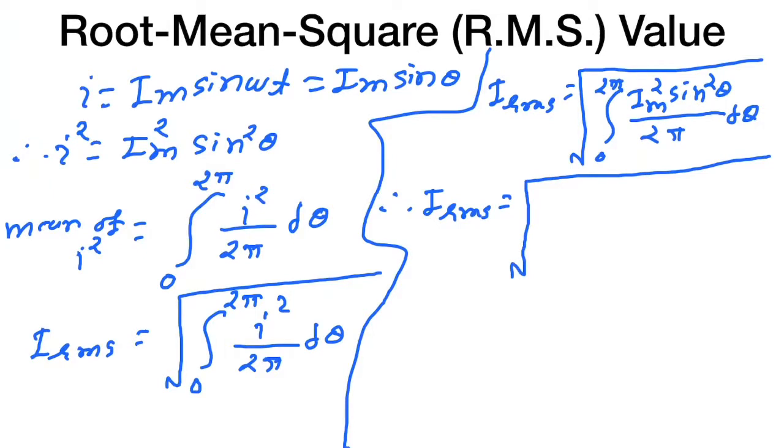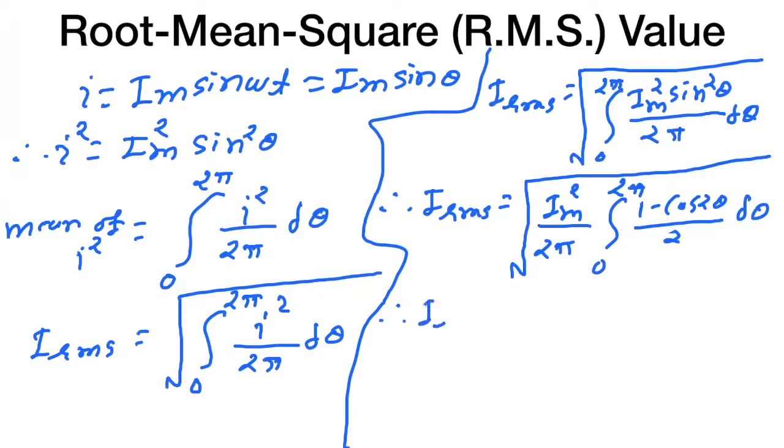Therefore, I RMS is equal to, now here Im square divided by 2 pi is constant, so we take out from the integration. So here it is equal to Im square divided by 2 pi integration 0 to 2 pi. Now sin square theta is equal to 1 minus cos 2 theta divided by 2. So we put 1 minus cos 2 theta divided by 2 instead of sin square theta.